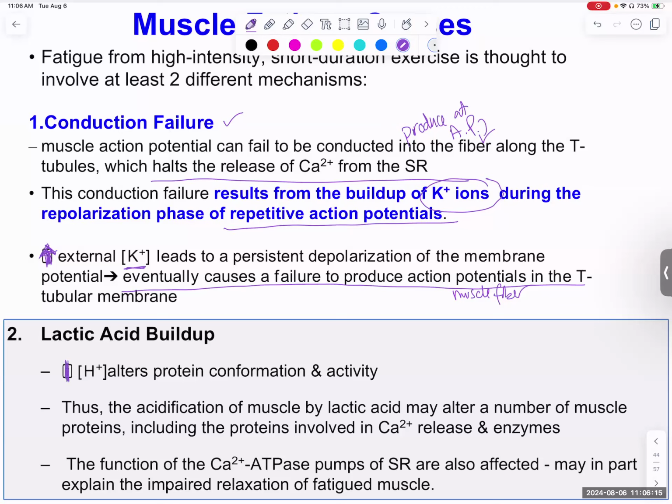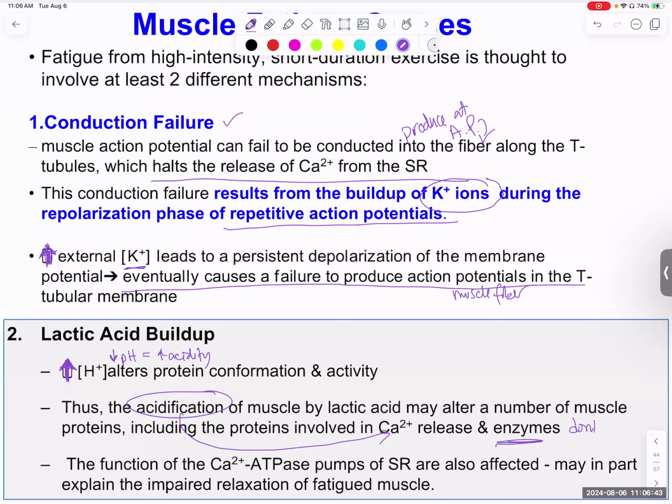The second is lactic acid buildup. As the amount of lactate gets built up, it increases the concentration of protons, which is another way of saying it decreases the pH and increases the acidity. And that is going to make it harder for the enzymes.